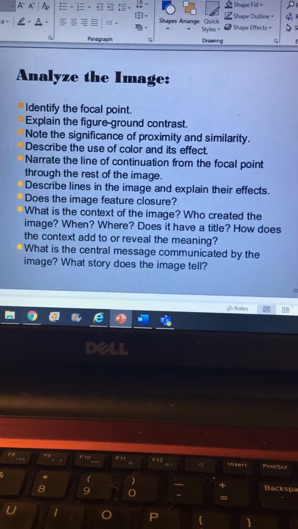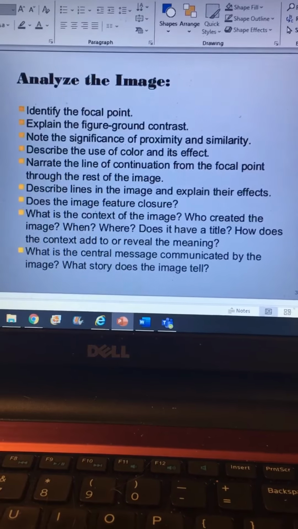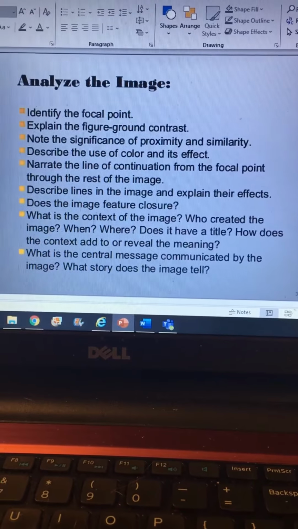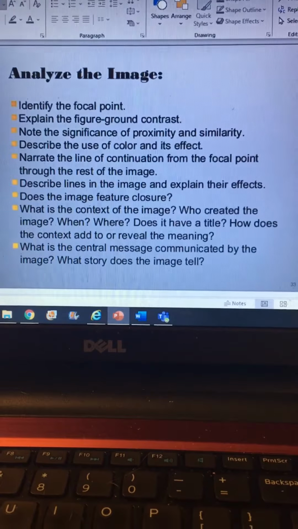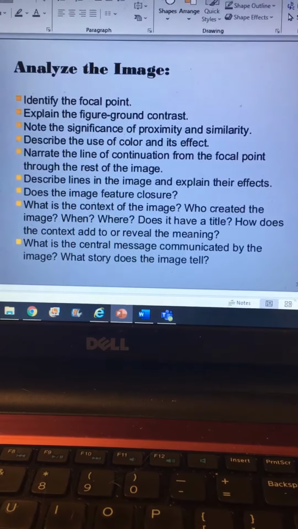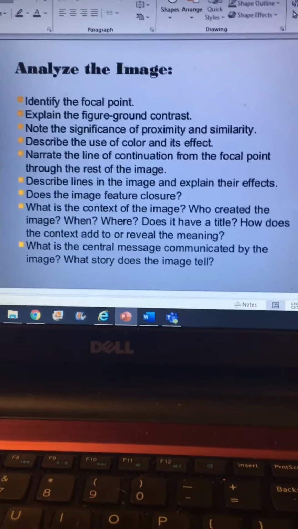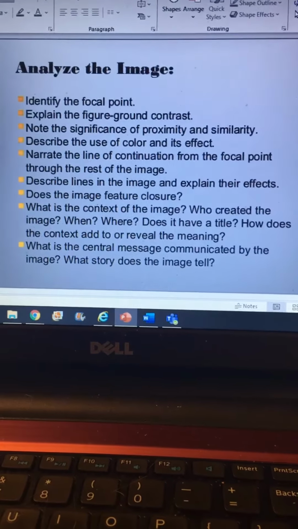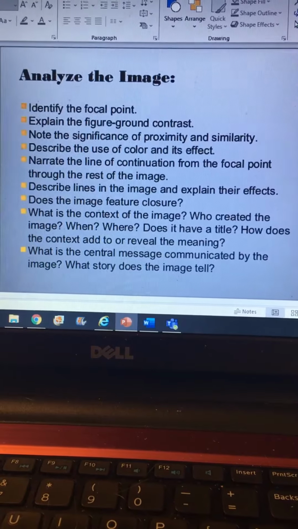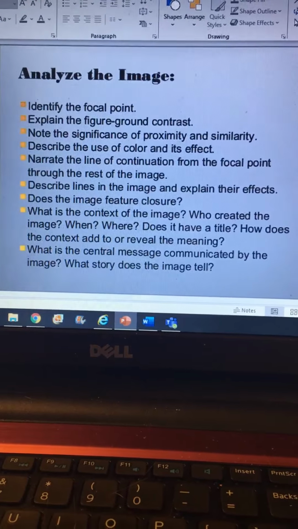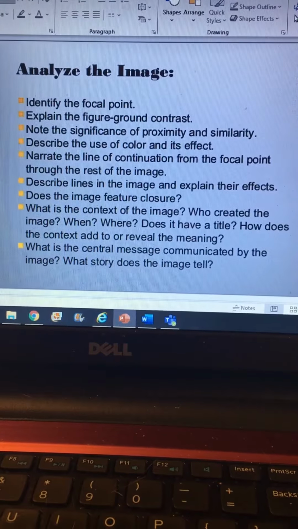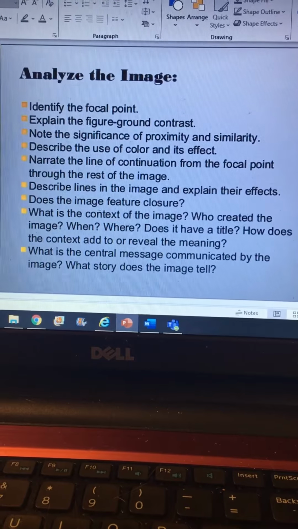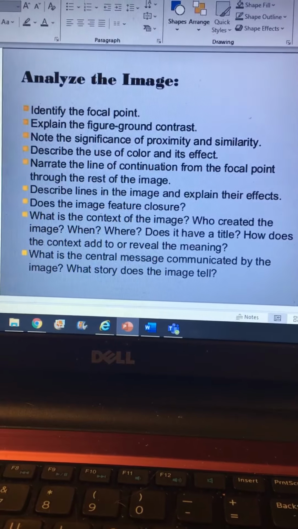So when we're looking at images, how would you analyze an image? First you're going to identify the focal point, meaning what is your eye drawn to first when you see the image? Is it the center of the image? Is there something that sticks out to you in the far right corner of the image? Those are examples. Where is the eye drawn when you're looking at this image? Explain the figure ground contrast.